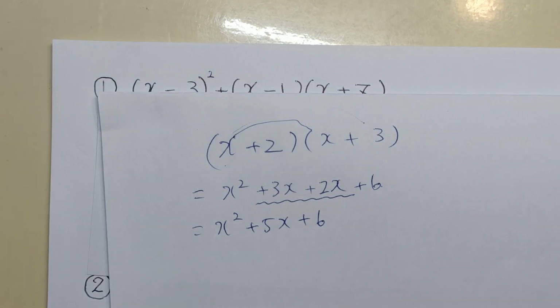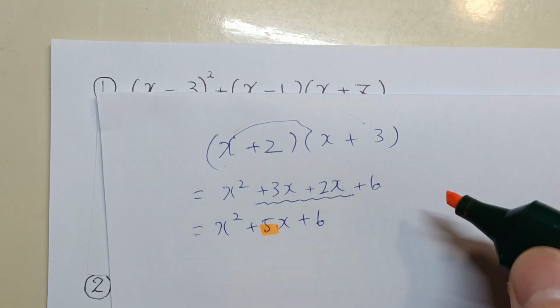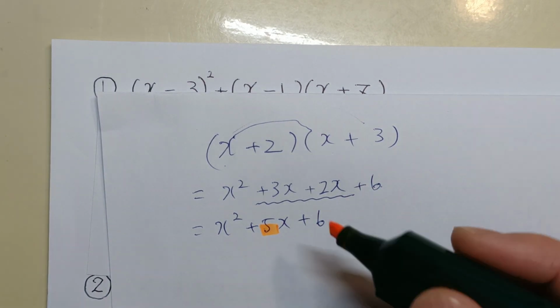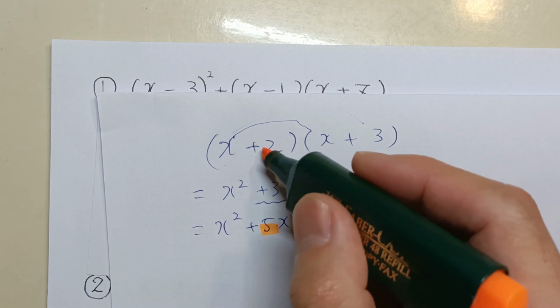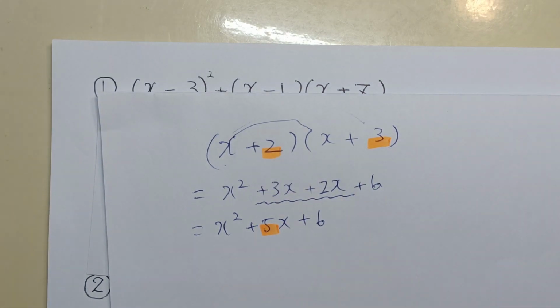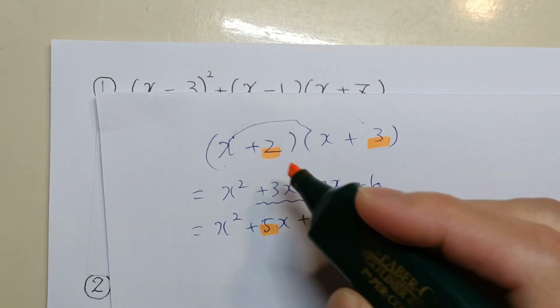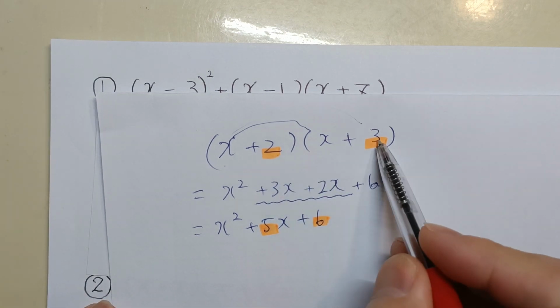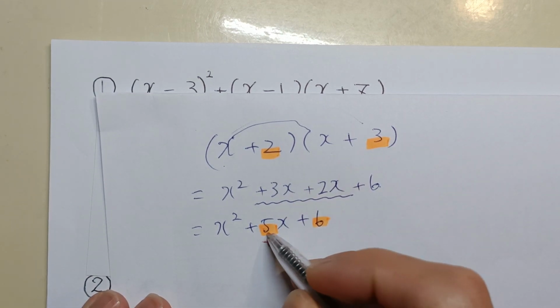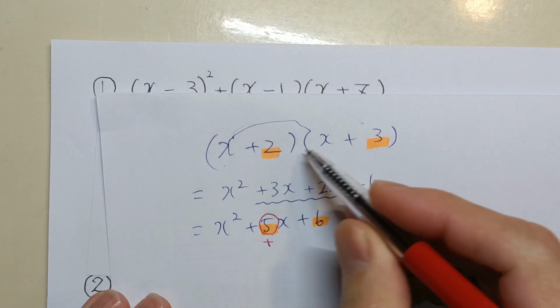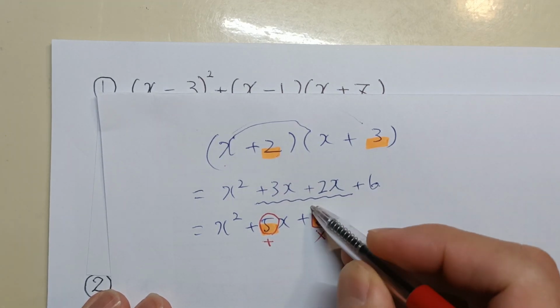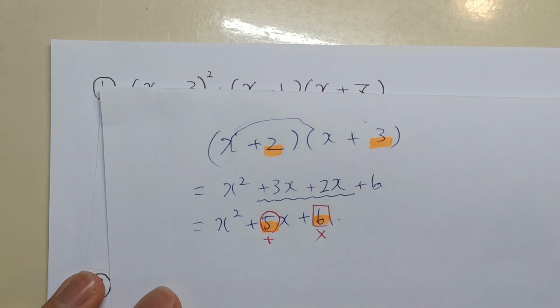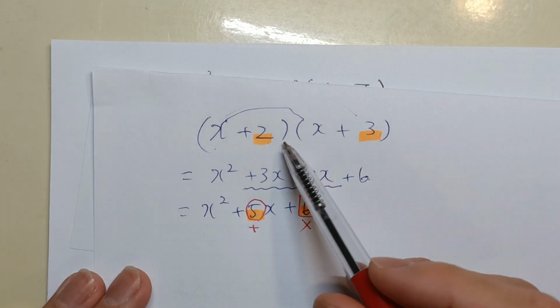Then if you look at here, this number is an addition, sum of these two numbers, isn't it? Right? And then this number is a product of those two numbers, which means if you add these two numbers, you get this number. If you timesing those two numbers, you get this number, right? Does it make sense?